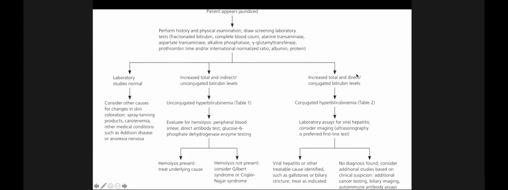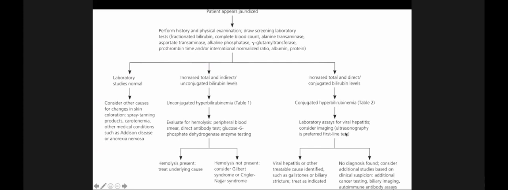Now, if you have conjugated hyperbilirubinemia, right, then you know it is either hepatocellular or cholestatic. So when you're thinking of this, you're going to do the liver profile as part of your initial workup, right? And you will do your lab assays for viral hepatitis and consider imaging.